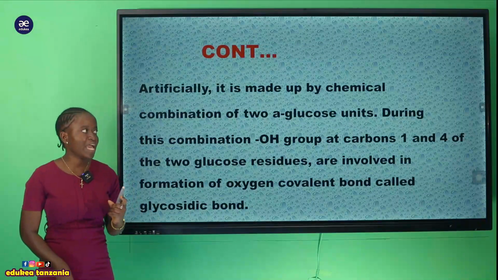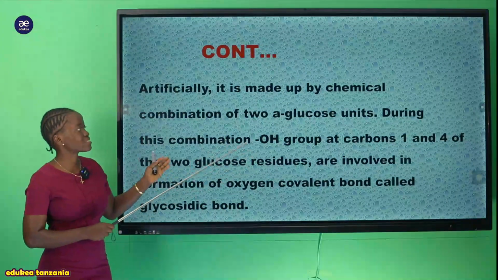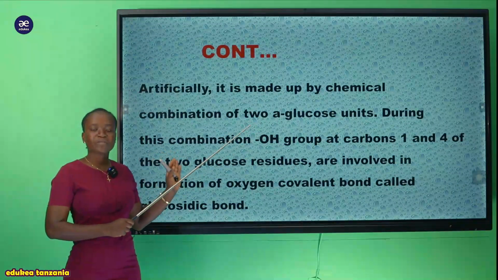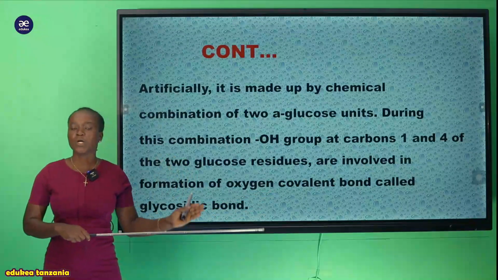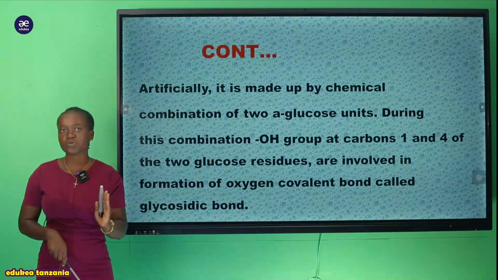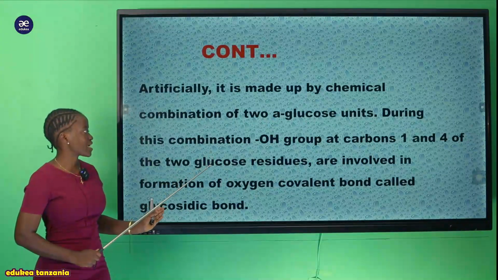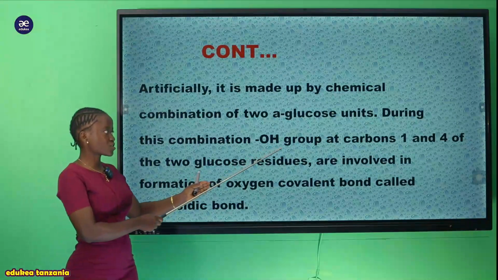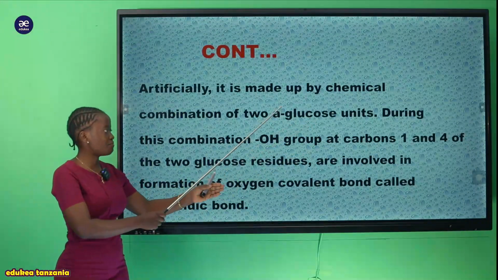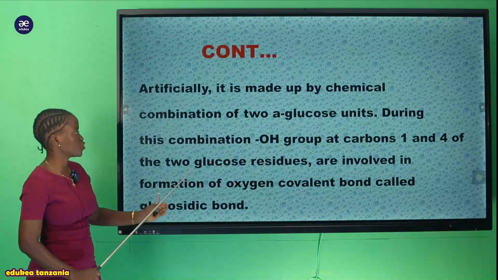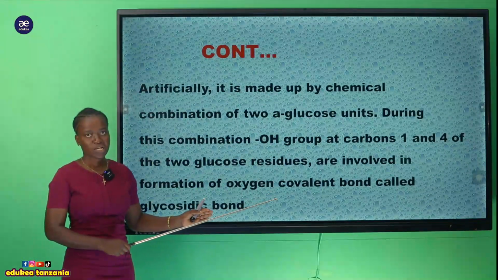And how is it made? Here we have seen that it is made by a combination of alpha glucose molecules, which are monosaccharides. It is due to the combination of the hydroxyl groups at carbon number 1 and number 4 of two glucose residues.